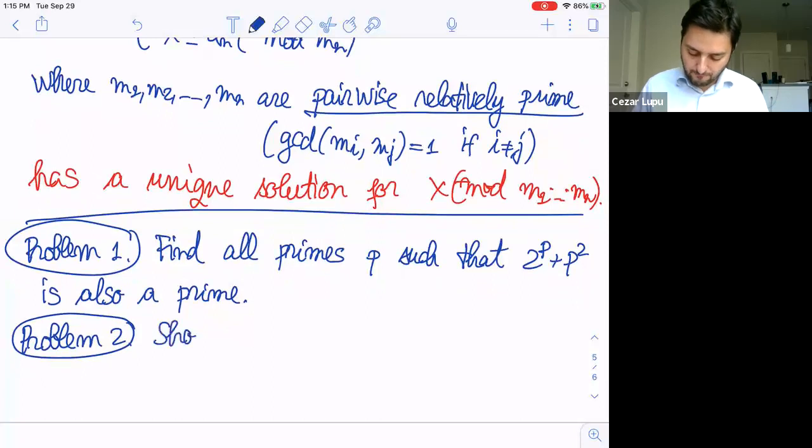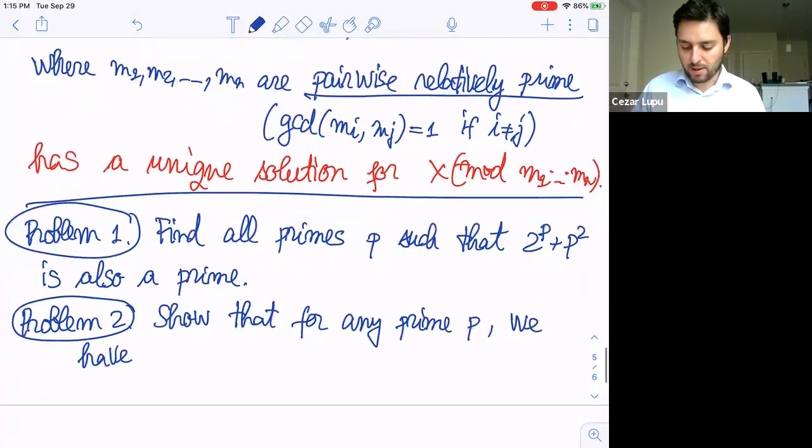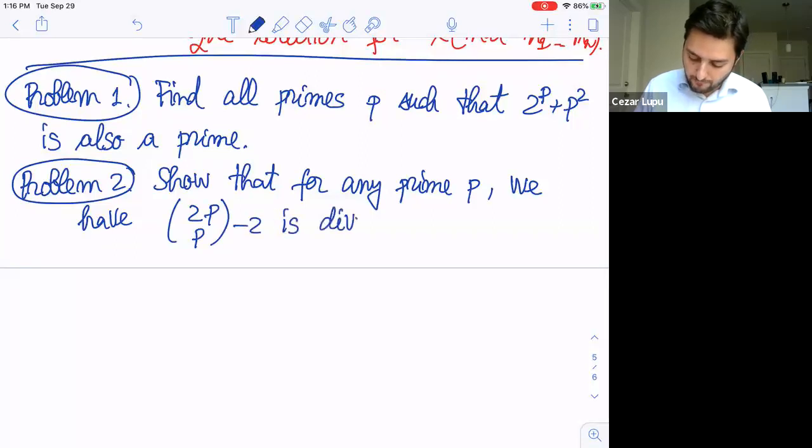Show that for any prime p, since we talked last week about combinatorics and especially binomials, we have that 2p choose p minus 2 is divisible by p squared.